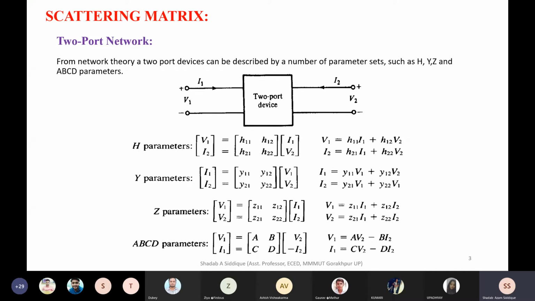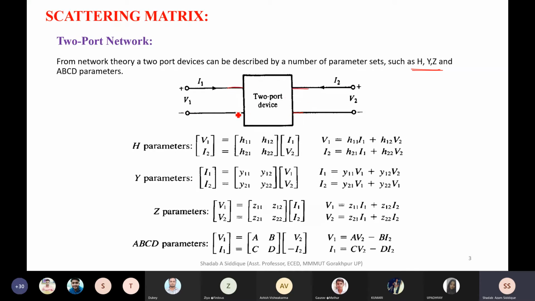From network theory, a two-port device can be described by a number of parameters such as H parameter, Y parameter, Z parameter, ABCD parameters, like we have already seen in network theory. These parameters can be taken from two-port devices: we apply input from one side, take output from the other side, and have a device connected in between. So that has two ports, this side and this side.